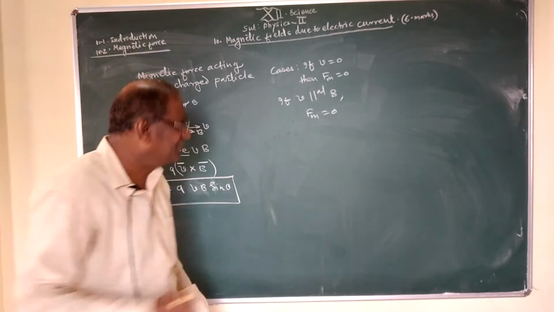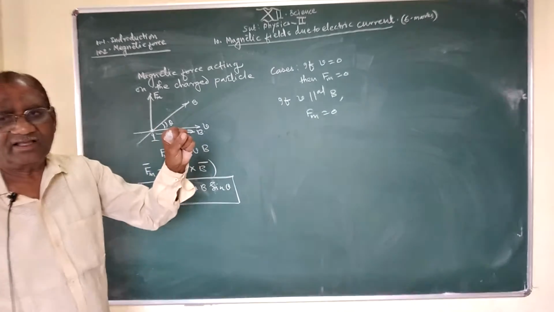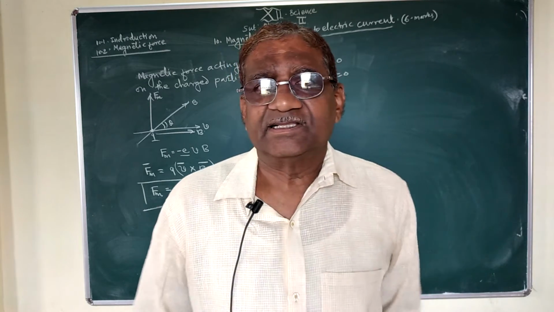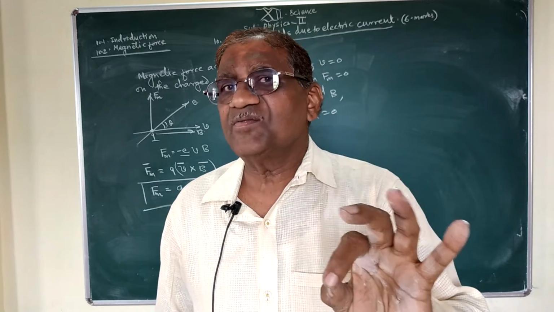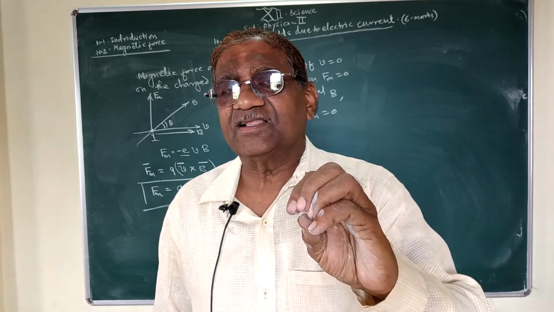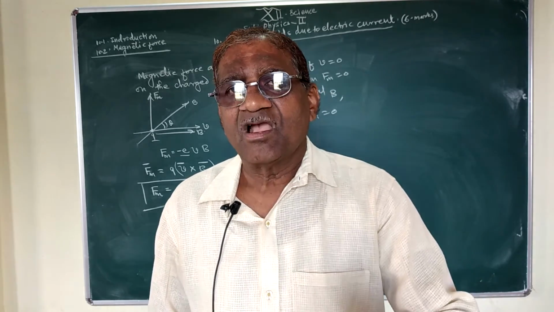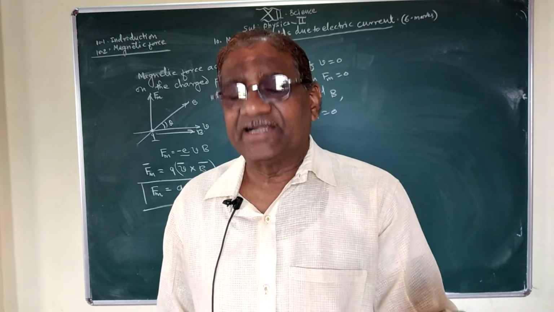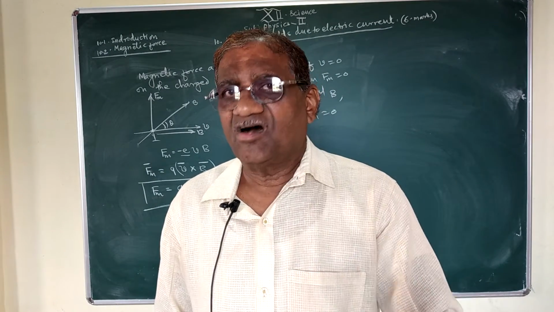It means that no work is done on the charged particle if the charged particle is at rest, that is, if the velocity of the charged particle is 0, or if the charged particle moves parallel to the direction of magnetic induction. No work is done on the charged particle.